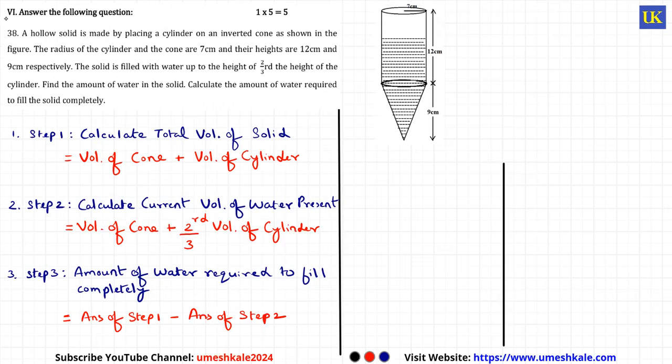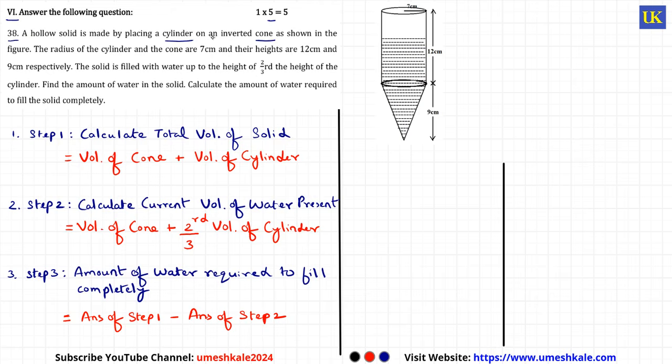Now, in this video we will be doing Roman number 6, in which the question is for 5 marks, and we'll be doing 38th question. The question is, a hollow solid is made by placing a cylinder on an inverted cone.